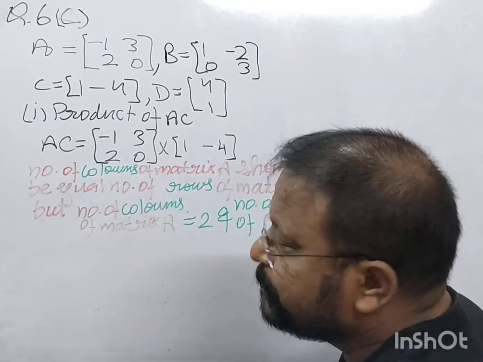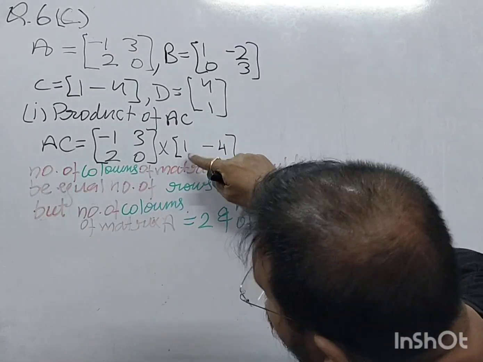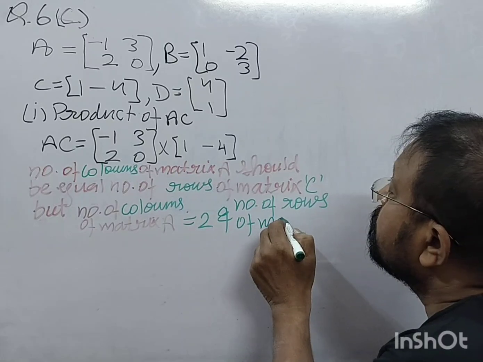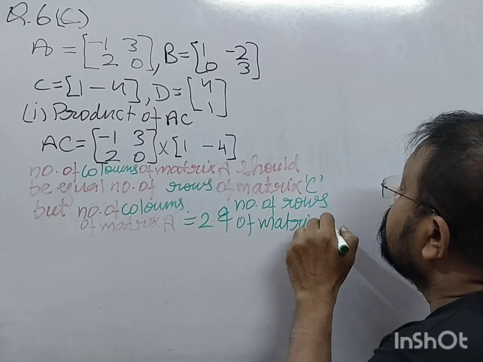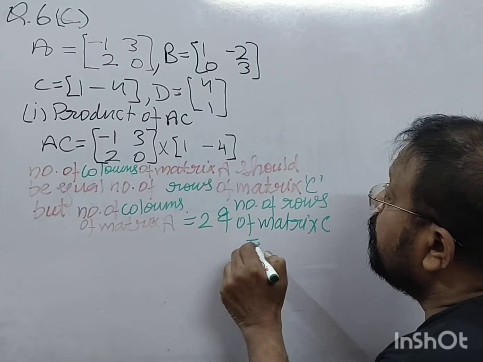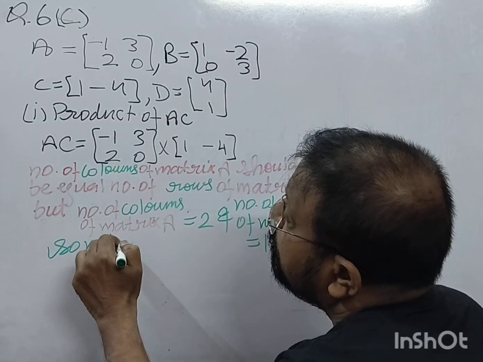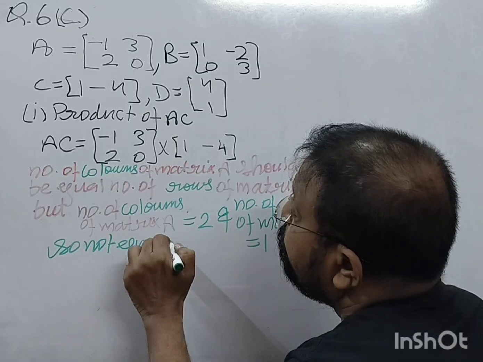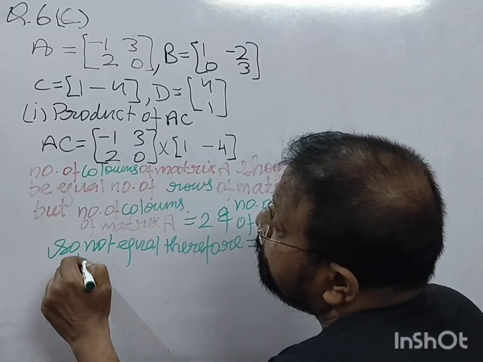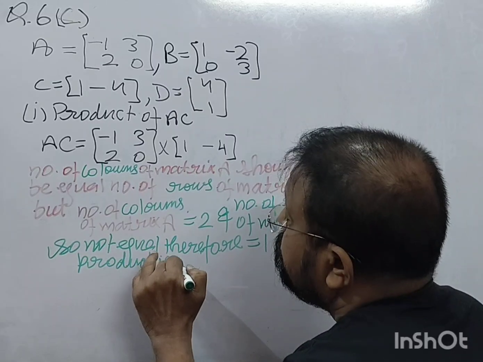You getting my point? Two columns, so there must be two rows, but number of rows in matrix C is equal to 1. So not equal. Therefore, product is not possible.